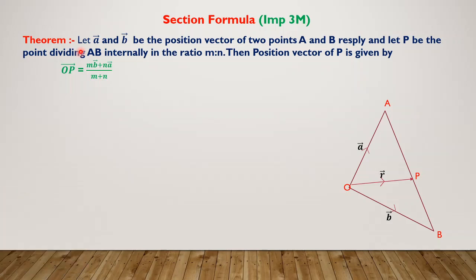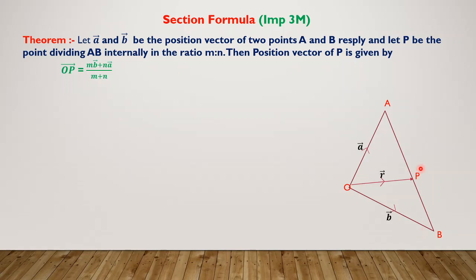Please note: let vector A and vector B be the position vectors of 2 points. Which are the 2 points? A and B. They are given 2 points, and vector A and vector B are the position vector of point A and the position vector of point B.